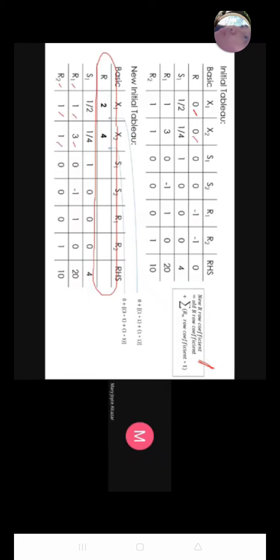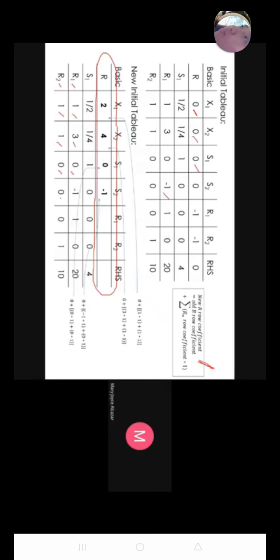For S1, it is 0 plus 0 times 1 plus 0 times 1. That is 0. For S2, it is 0 plus -1 times 1 plus 0 times 1. So the resulting value is -1.